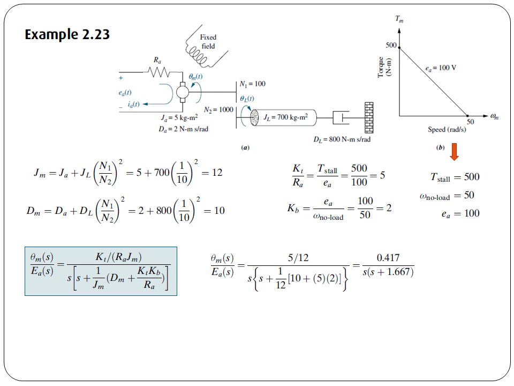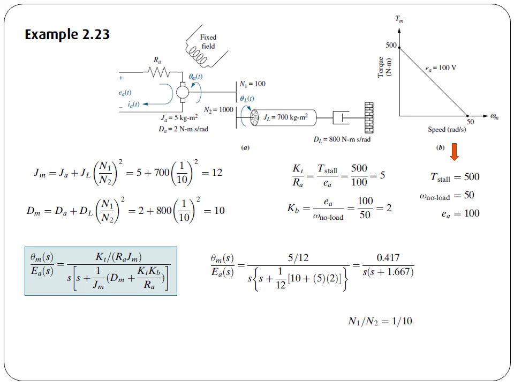But sometimes we will be required to find a transfer function like theta L by theta Ea. In that case we can see that theta m is just on the motor side and theta L is on the load side. Sometimes the question will mention that this is the output, so I have to convert this theta m into theta L by using this ratio, n1 by n2.